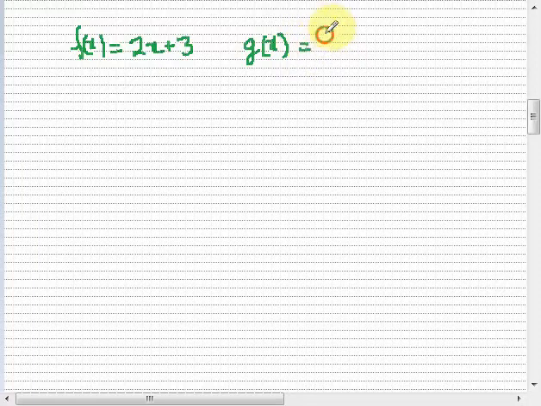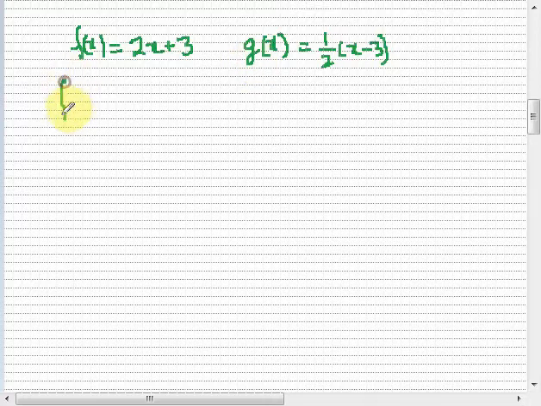We take another example to make our understanding better. Let fx be equal to 2x plus 3 and gx equal to half x minus 3.